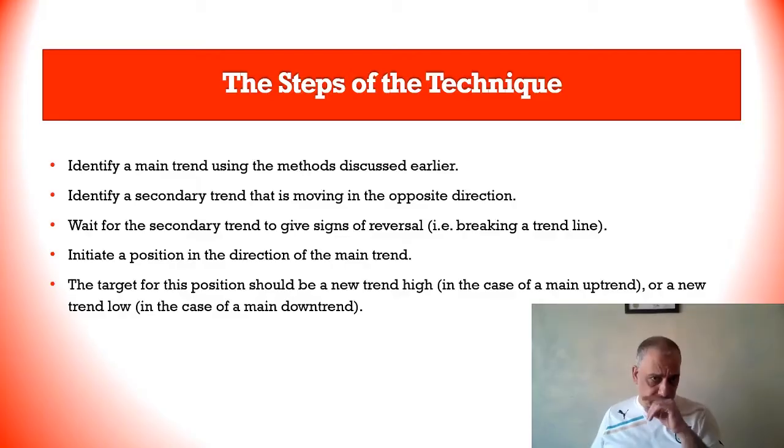That is why, when we are trying to identify the main trend, what direction the main trend is, we need to look at all of the things that we have just discussed, the methods that we talked about. In case we have a confirmation between more than one of them, I'm very sorry about this noise coming from outside.